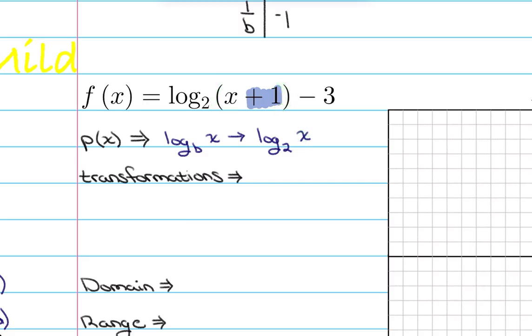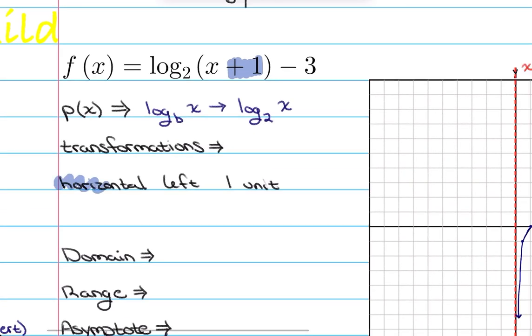This is acting on the x, so it is horizontal, and I am adding. Addition and subtraction mean that you are shifting, so that's your up, down, right, left. Horizontal means I'm going to go right or left. That means my x's are crazy, so plus 1 means I am going to the left 1 unit. That is my horizontal shift.